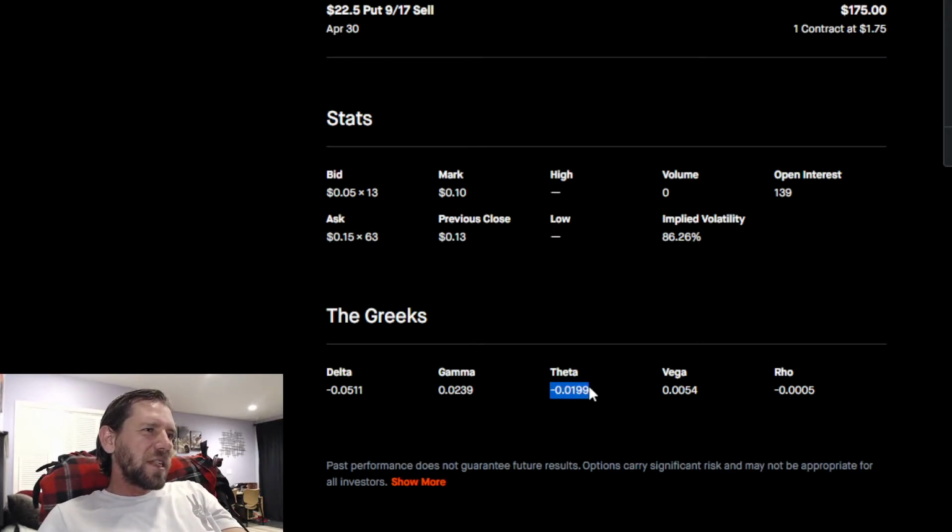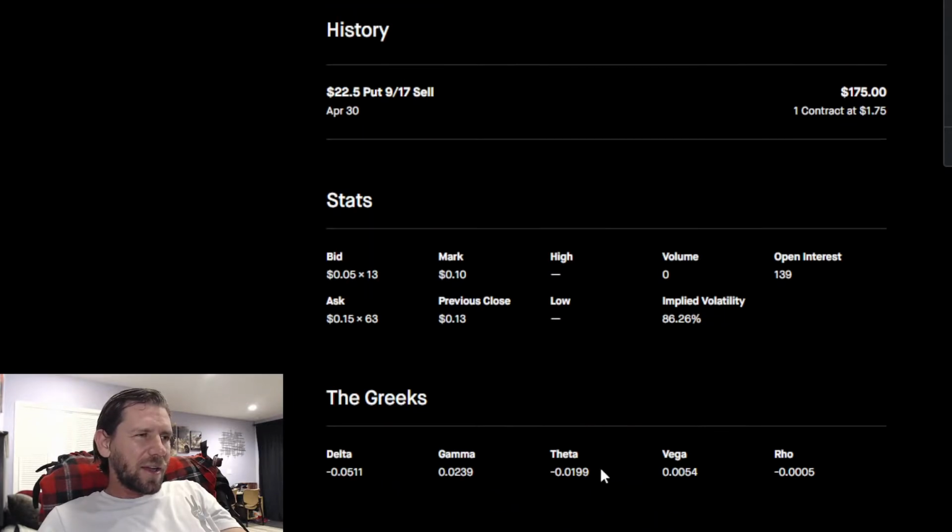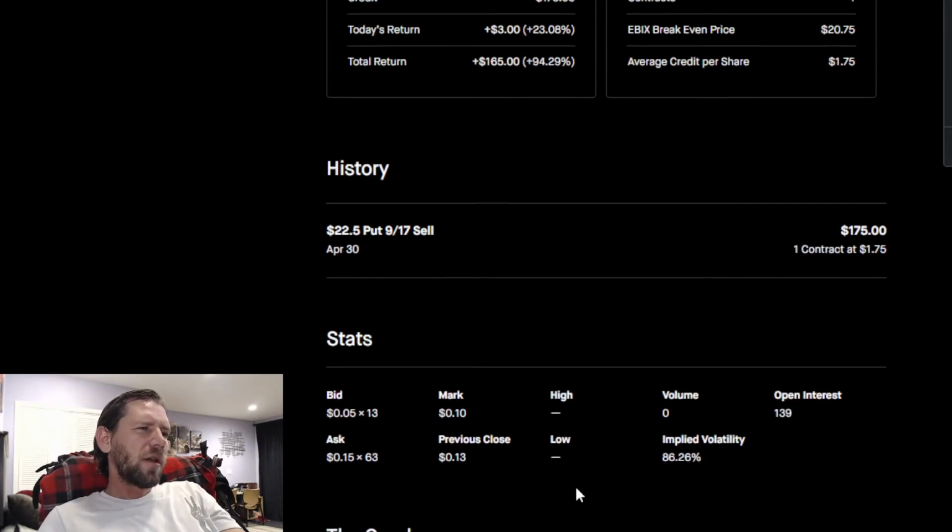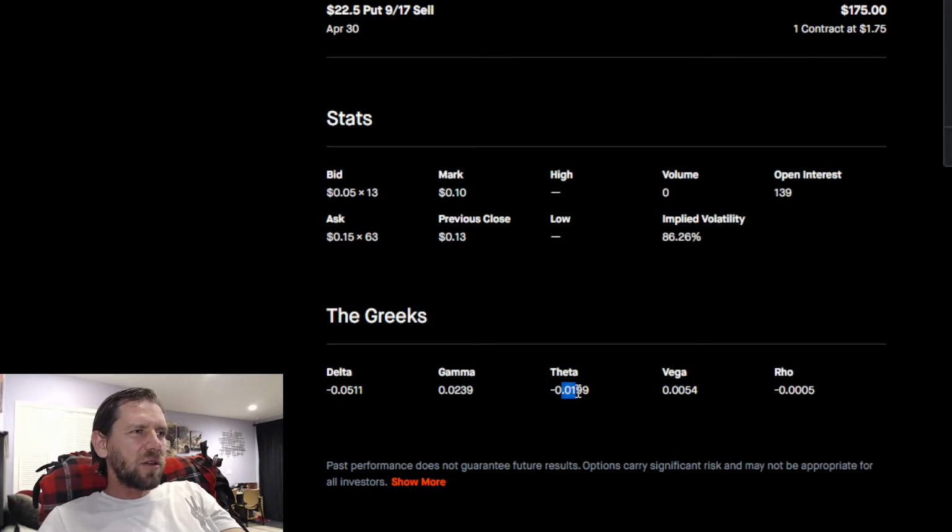What this number says is that each share in this contract is going to decrease in value about 2 cents. You see 0.019, so it's going to decrease about 2 cents per day. If we multiply it by 100, since every contract is 100 shares, that translates to about $2. So by selling this option, I can expect from this day forth to gain $2 of liability erasure each day.